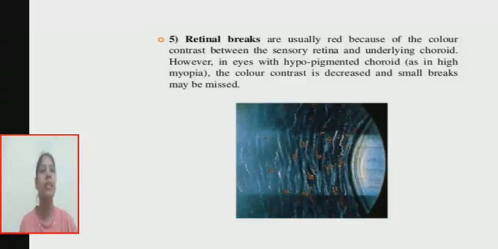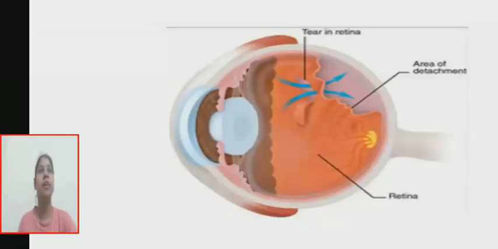However, in eyes with hypopigmented choroid, as in high myopia, the color contrast is decreased and small breaks may be missed. This is a tear in the retina. This is the area of the detachment. This is the area that is detached.